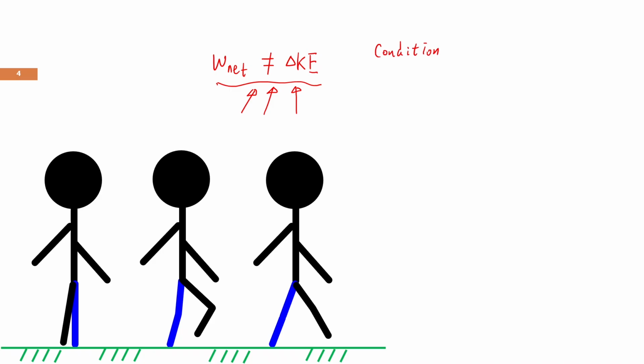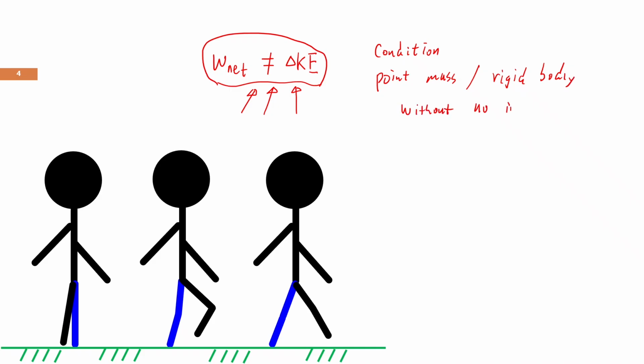When we use the work energy theorem, we assume the object is either a point mass or a rigid body with no internal energy. And this assumption is completely wrong for a walking person. First, the person is not a point mass or rigid body.